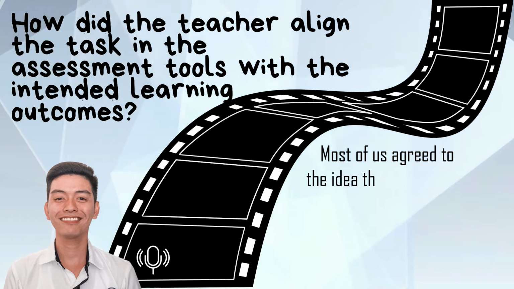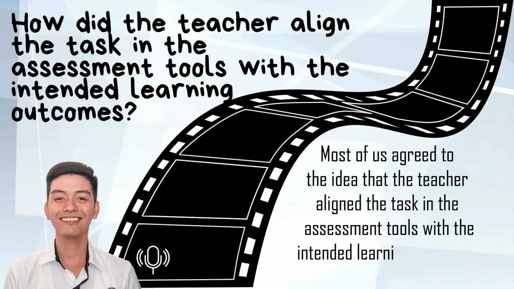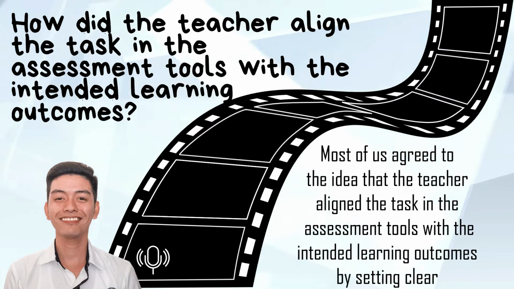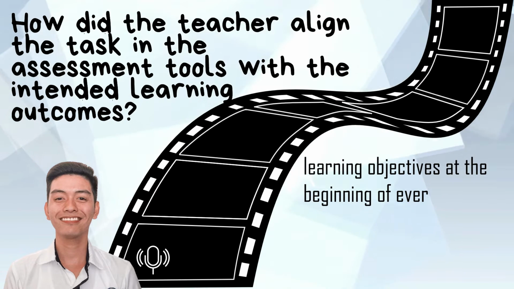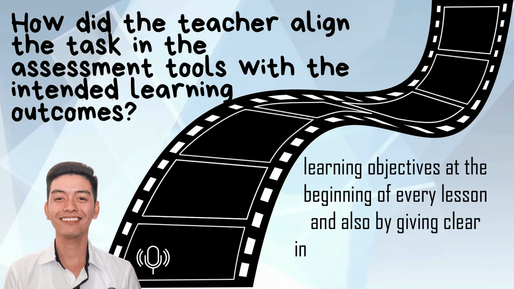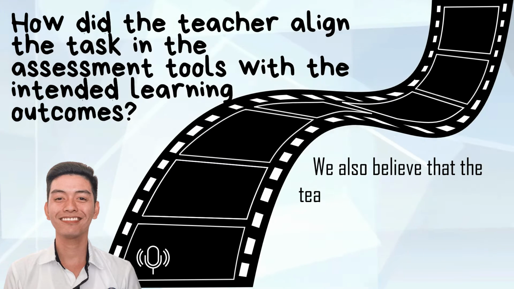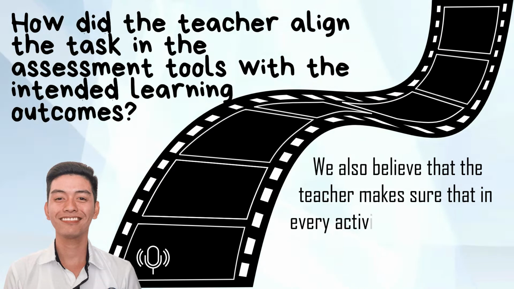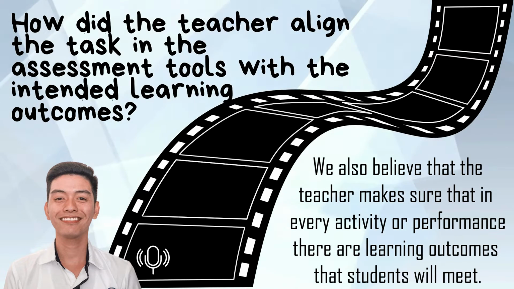Most of us agreed that the teacher aligned the tasks in the assessment tools with the intended learning outcomes by setting clear learning objectives at the beginning of every lesson and also by giving clear instructions when assigning tasks to students. We also believe that the teacher makes sure that in every activity or performance there are learning outcomes that the students will meet.